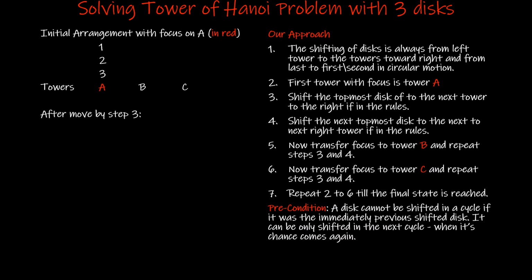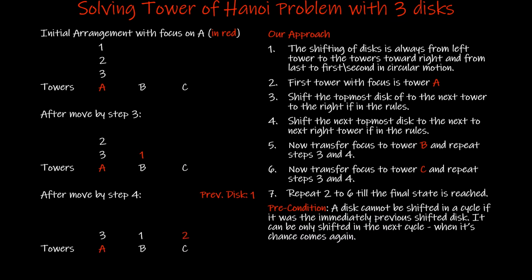Now, using step 3 or rule 3, we will have this arrangement whereby we move the disk number 1 to the right of A, that is to tower B. And by step 4, we'll have this arrangement where we have moved the disk number 2 to tower C. Here, every time we shift the disk, we highlight that disk in red to indicate that was the latest disk to be shifted.